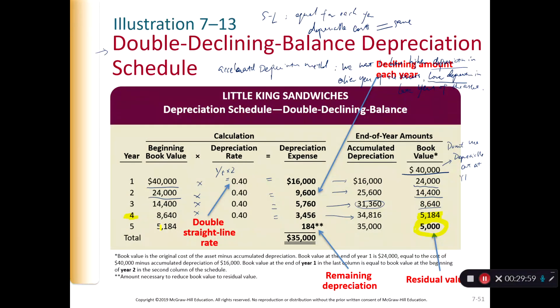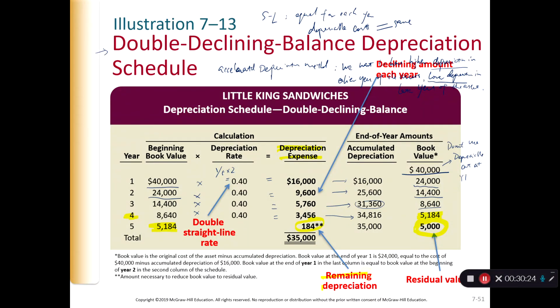Hence, in your last year, the beginning value is still 5,184, but you cannot multiply by 0.4 anymore, because that would exceed $184. In order to keep the ending book value at 5,000, you only depreciate $184.